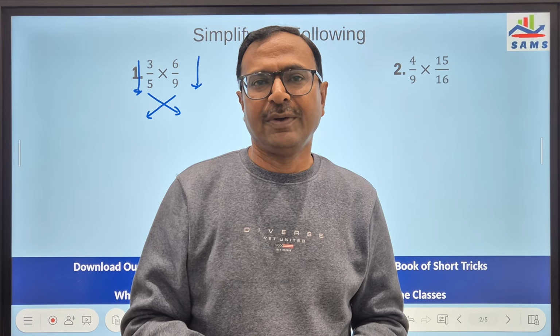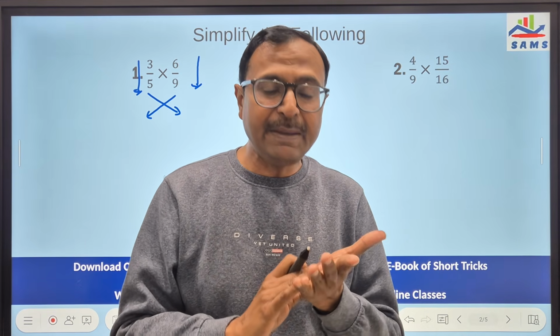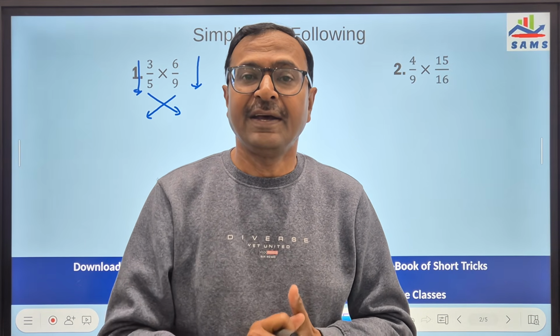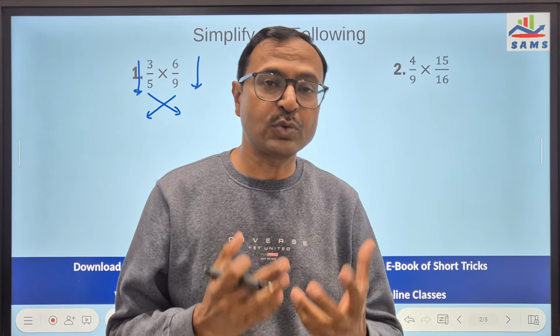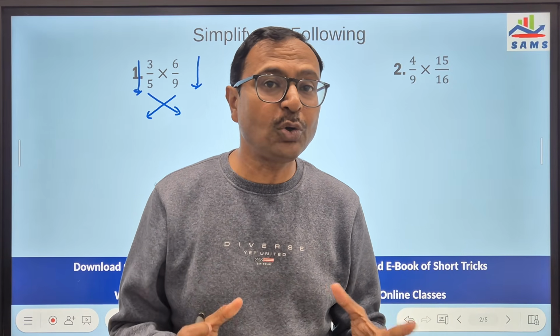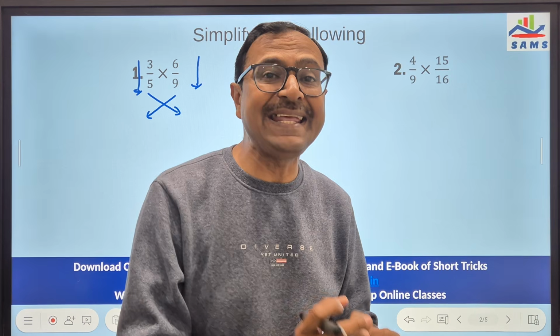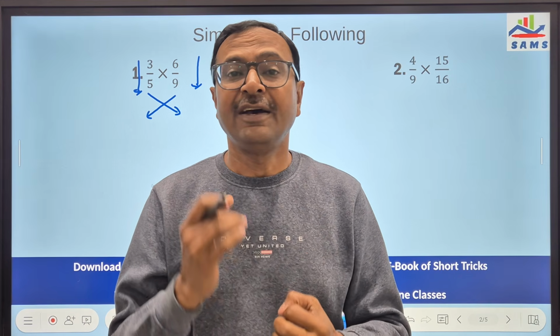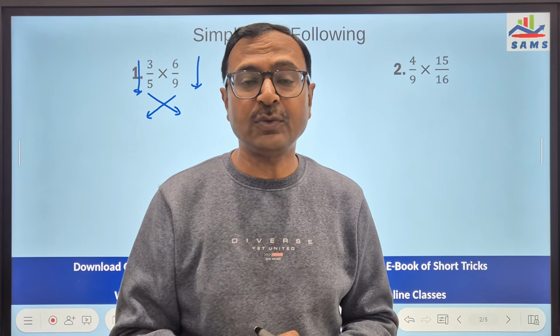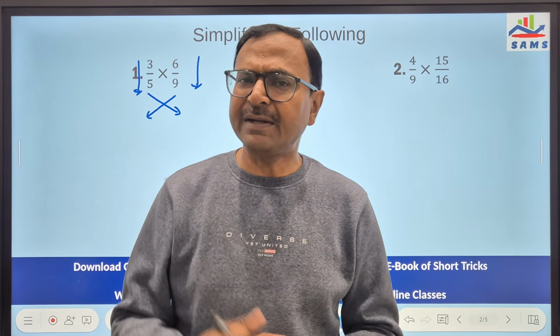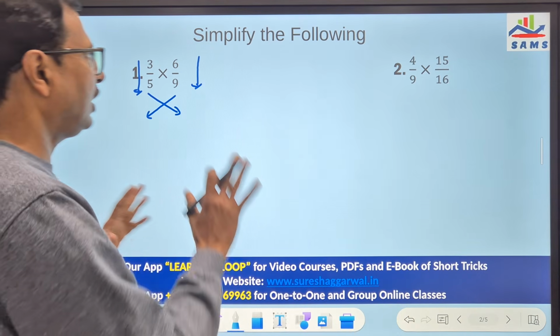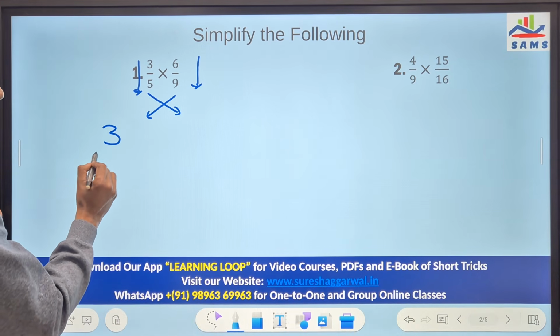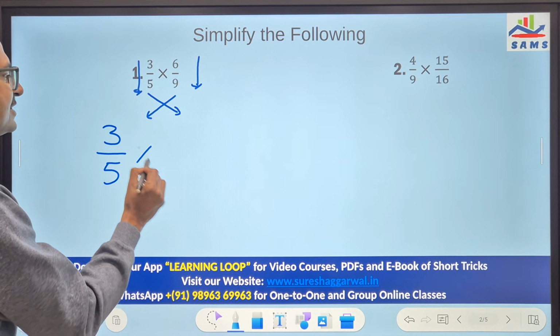So the factors may be big factors like 17, 19, 23, where the students will face a problem because they don't know whether the number is divisible by 19, 17, 13, 23 and then 29, etc. But these numbers are very small, so there won't be any problem, like 3 by 5 and 6 by 9.